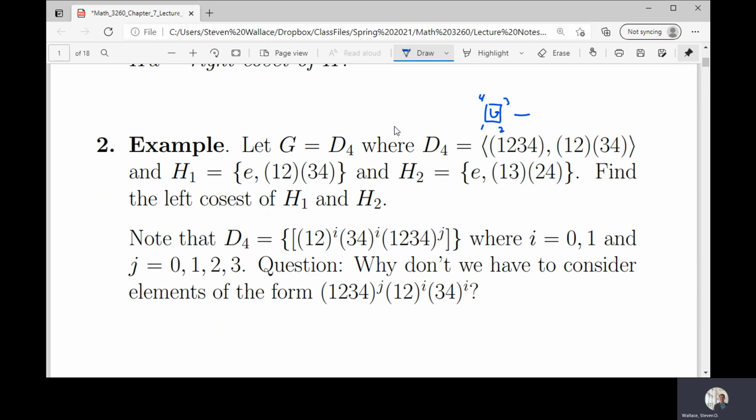So 1 goes to the 2 position, 2 goes to the 3 position, 3 goes like that. Okay, so that's a permutation.